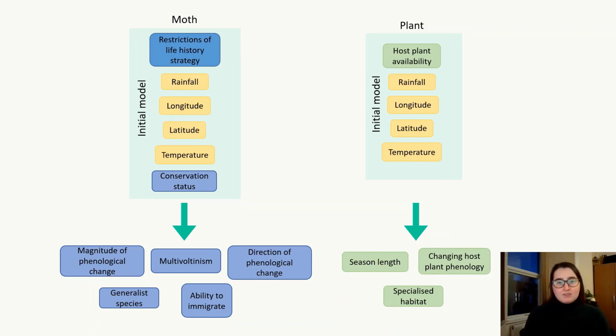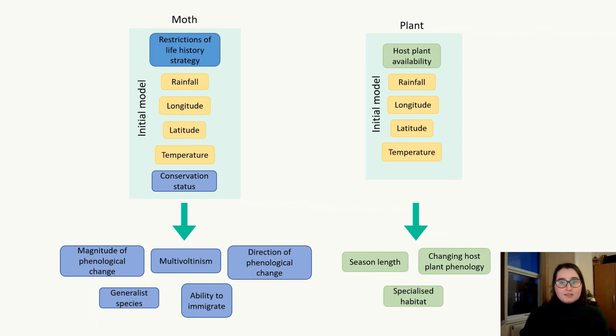Out of this, I'd hopefully get whether the magnitude and direction of phenological change, multivoltinism, whether they're generalist, whether they're able to move, season length, host plant phenology, and whether they require a specialised habitat have changed. This is really important information to get out of the first models, because I want to get a really good look at how these moth species are responding to climate change.